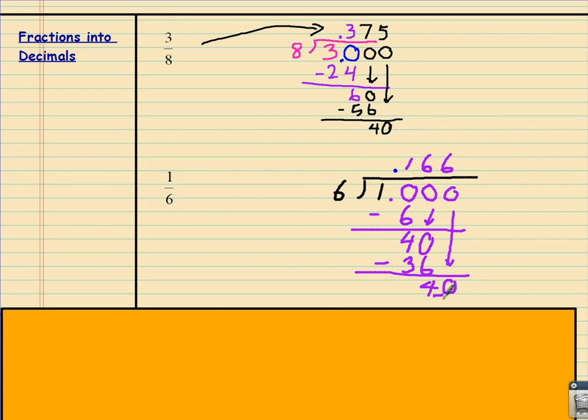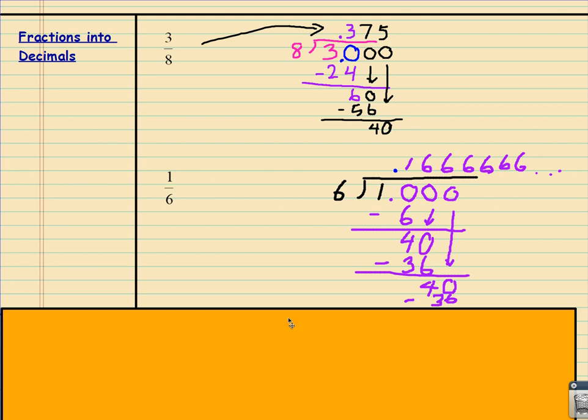This is going to be 36 again, and we're going to be left with the same numbers. 40 minus 36 is 4. Bring down another 0, we're left with 40 again. That keeps going, so our answer, our quotient, is going to be 0.166666, repeating.